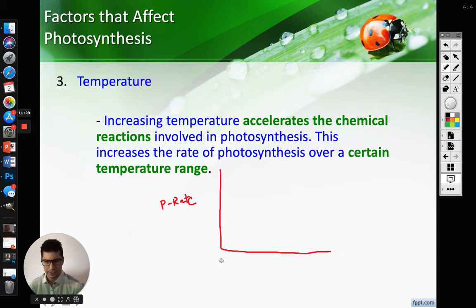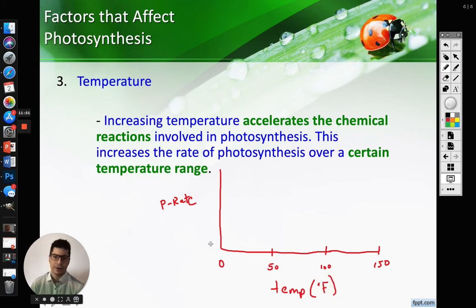We'll say this is 0. Say this is, I don't know, 50. Say this is 100. Oh, we'll go to 150. Why not? And that's degrees Fahrenheit.